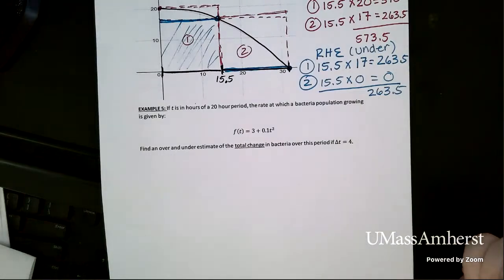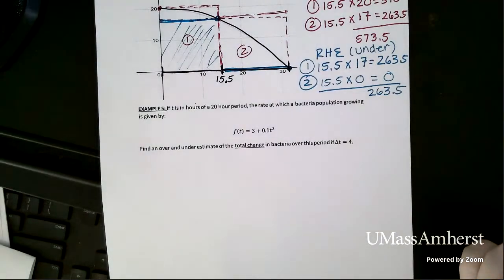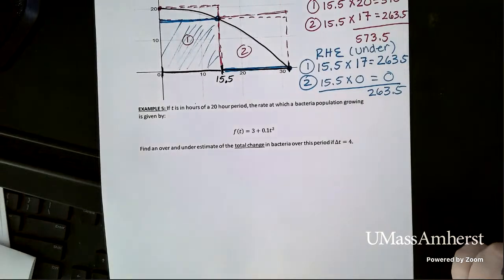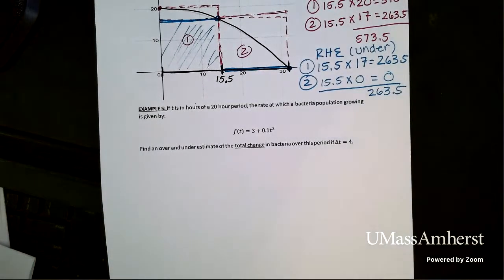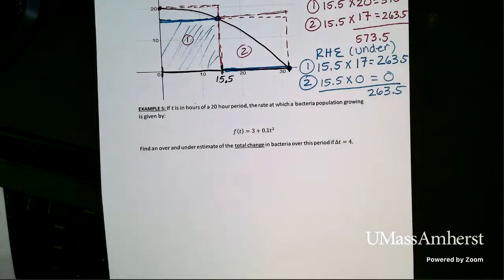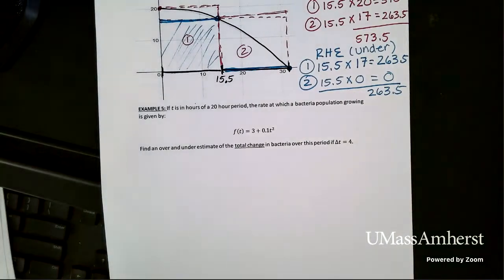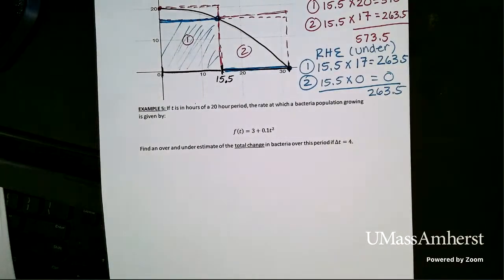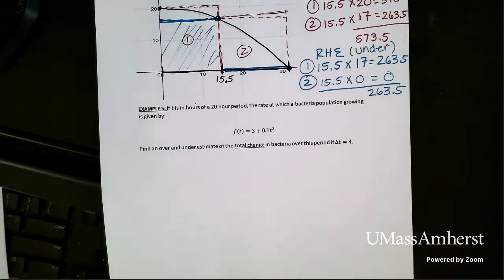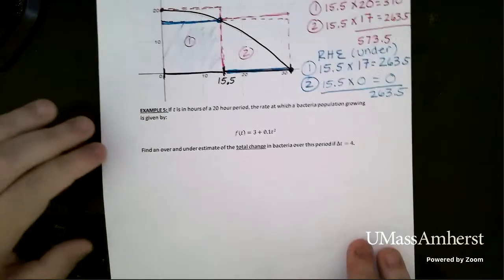Find an over and under estimate of the total change in bacteria over this period if delta t equals 4. Well, in order to find an over and under estimate, we are going to need to find a left and right hand estimate. How do we do this? Well, just like our earlier examples, we need a table to do our estimations.